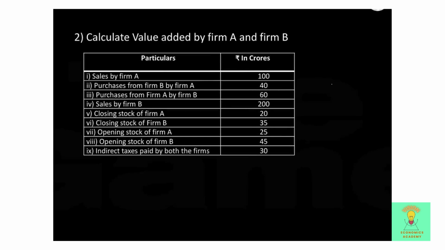Now let us see what is asked in this question. Now this question has two parts again, value added by firm A and firm B, right? First we'll see for firm A, then we will see for firm B, right? So sales by firm A, right? So sales is rupees 100 crores.